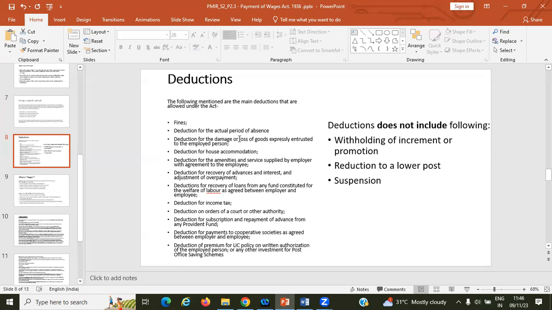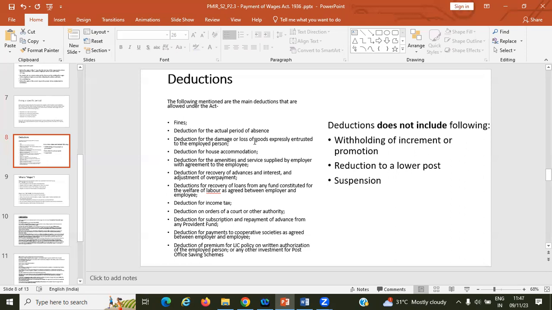Fines, deduction for actual period of absence. Suppose you are absent for a certain period, so your salary will be deducted. There is a condition, maybe after a certain point you will have no pay for that kind of leave, whatever you are applying without pay. Then deduction for the damage or loss of goods.